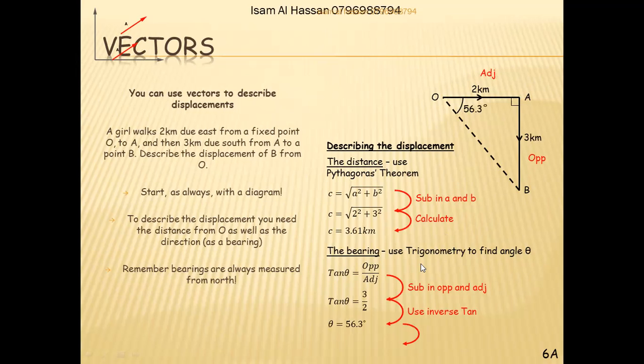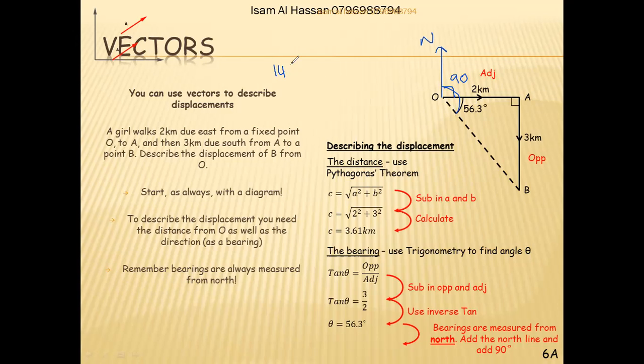So the bearings are measured from the north, and the north line here is coming from this point to that point. That is your north. As you can see, that's a 90, so we add 90 to this.